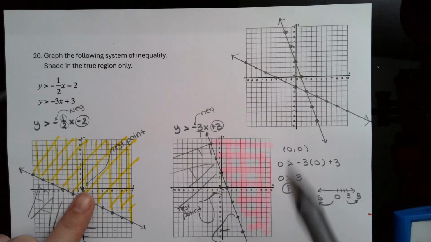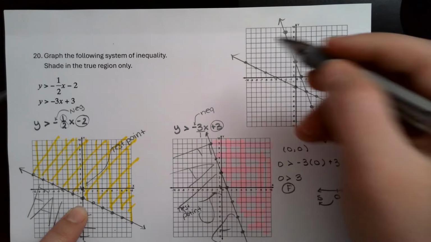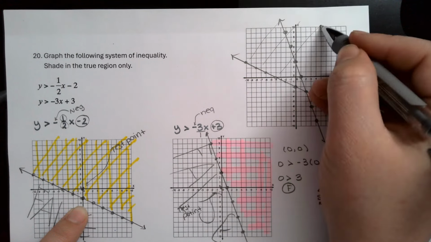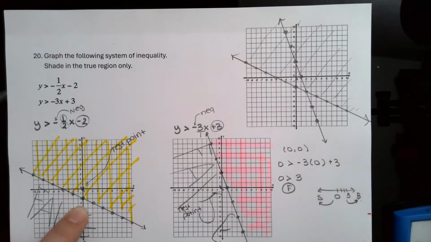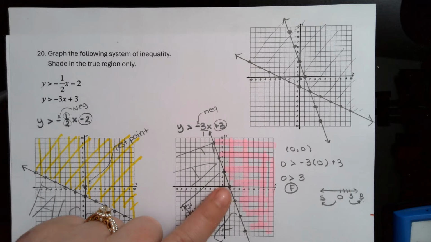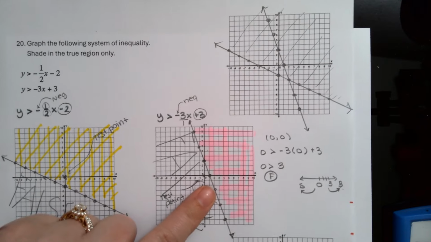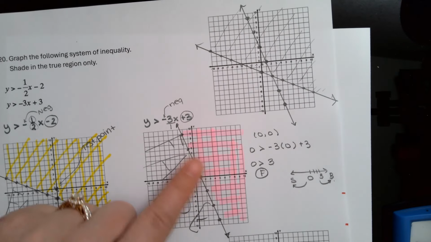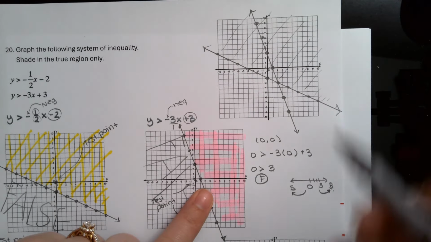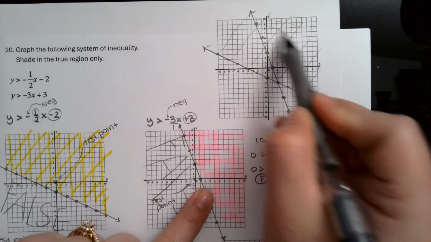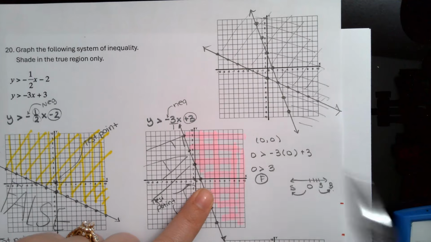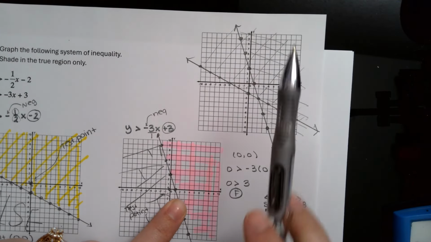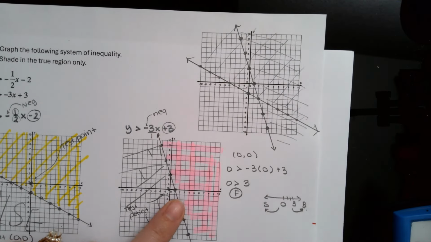Okay, so for the first one, here's my line for the first one at -2. Everything above that -2 was true. Here's my line for the second inequality, and everything kind of to the right of it was also true. So what we're looking at is the double section here in order for us to indicate the color.